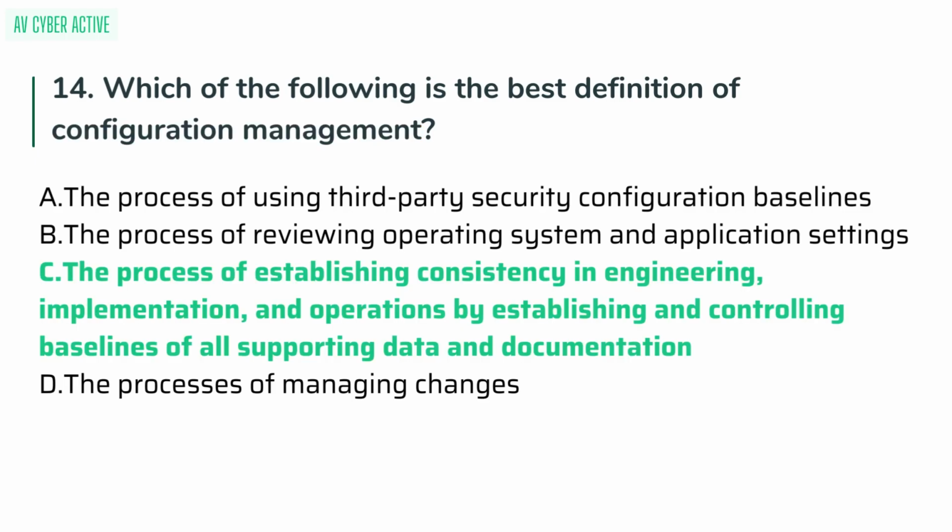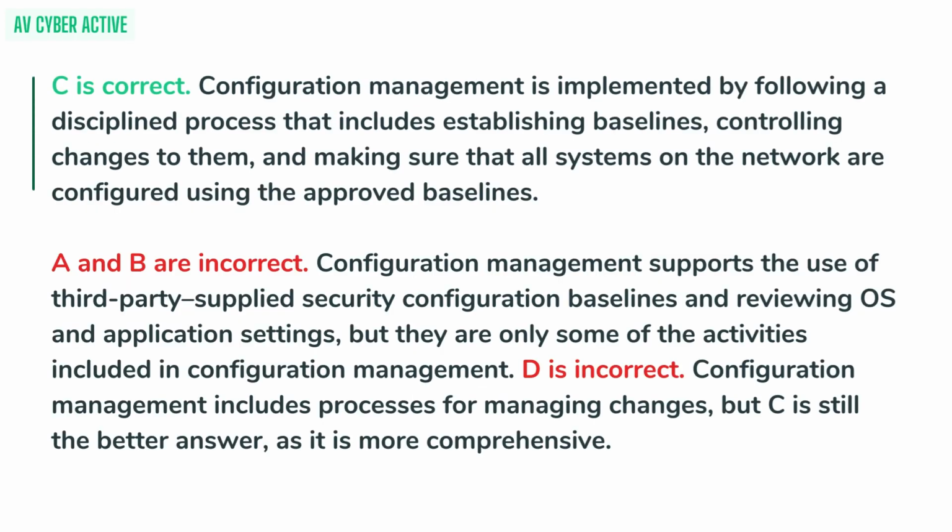C is correct. Configuration management is implemented by following a disciplined process that includes establishing baselines, controlling changes to them, and making sure that all systems on the network are configured using the approved baselines. A and B are incorrect.